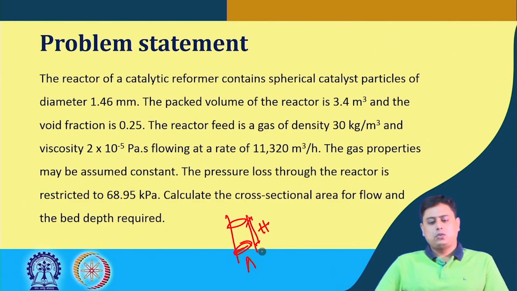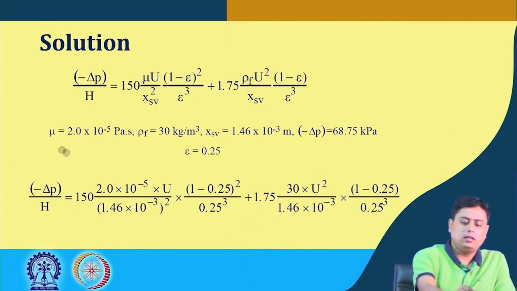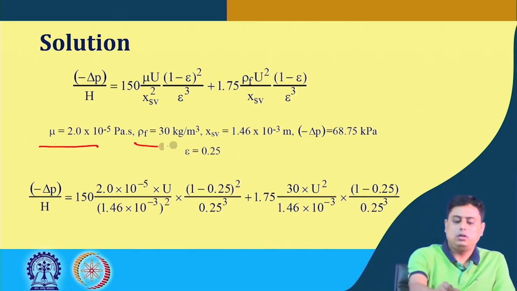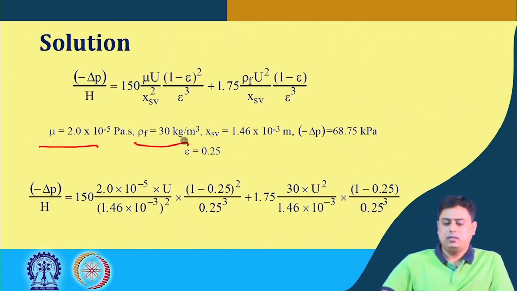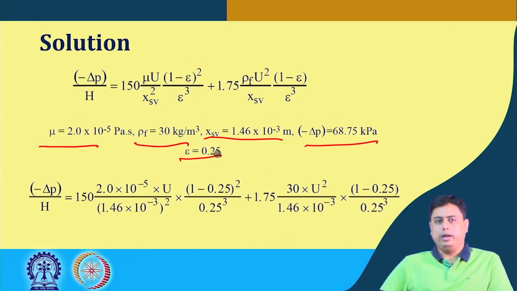Okay. Since the flow regime, whether it is laminar or turbulent, is not known, instead of assuming, let us apply the Ergun equation in such a case. Here, as information from the problem, mu is known, rho f which is the fluid density, particle size, the delta p and voidage are all known.